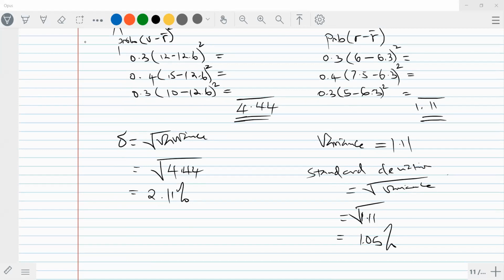Hope it's all clear. From there, I think you can now see that A is more risky compared to B. As you can see, A has a 2.11% standard deviation, while B has a 1.05% standard deviation, which means B is less risky.